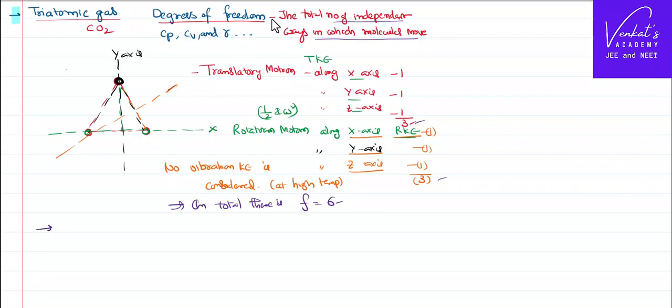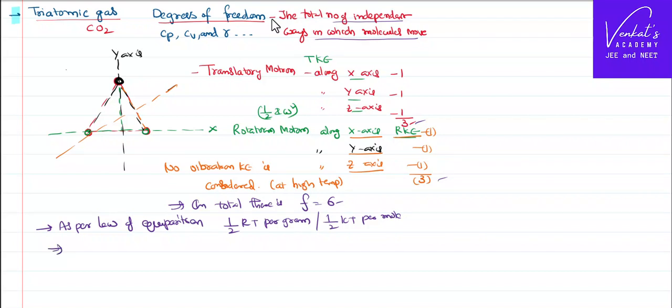Now, as per the law of equipartition of energy, each degree of freedom has an energy of half RT per mole, or if we are saying per molecule, half kT. Both are the same, just different representations.